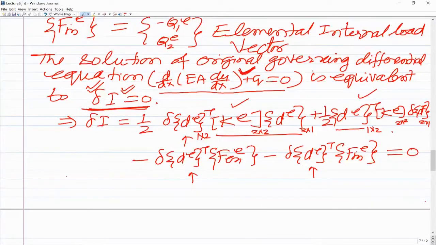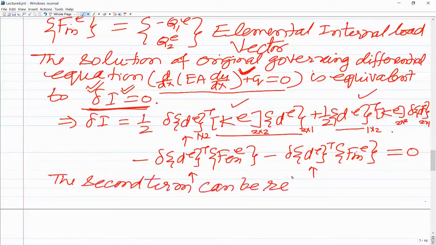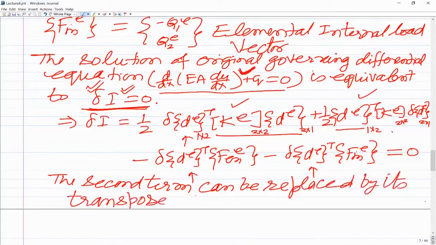So what I'm saying is, in this delta I expression, the second term can be replaced by its transpose, because as a whole it is a scalar.